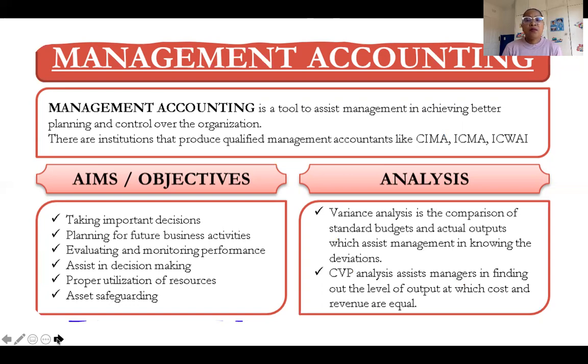Management accounting is about providing information to make decisions, but also about planning the future of the business activities, prioritizing them, and evaluating and monitoring the performance. It's mainly used to help management safeguard the assets and make sure they are properly being used. The analysis can range: it can be variance analysis, it can be cost volume profit analysis, it can be a whole list, which I will cover shortly.